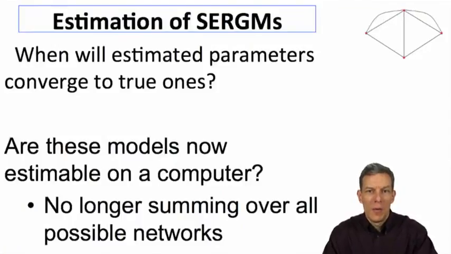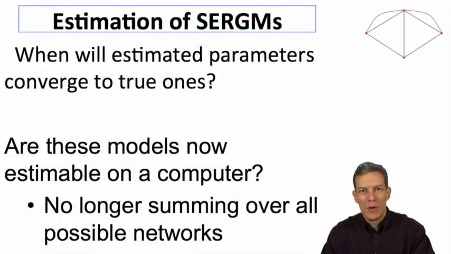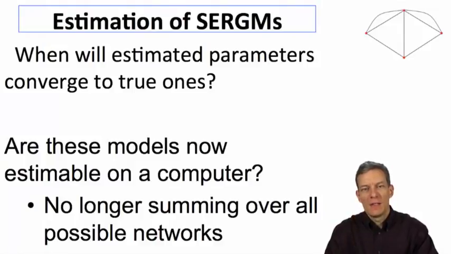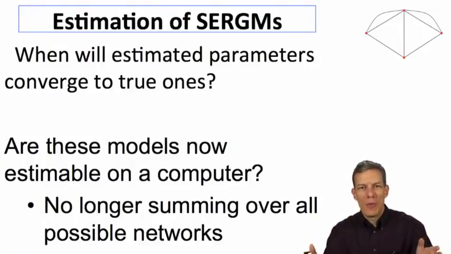Okay, so a couple of words before we talk in detail about the nuts and bolts of estimating these things. First of all, we can now ask a question about when the estimated parameters will converge to the true ones. So when is it that when you estimate one of these models, the betas that we end up estimating are going to be close to the true betas with high probability, right?